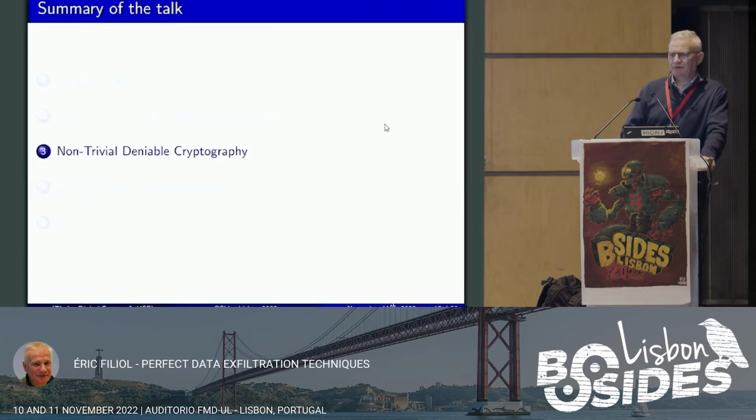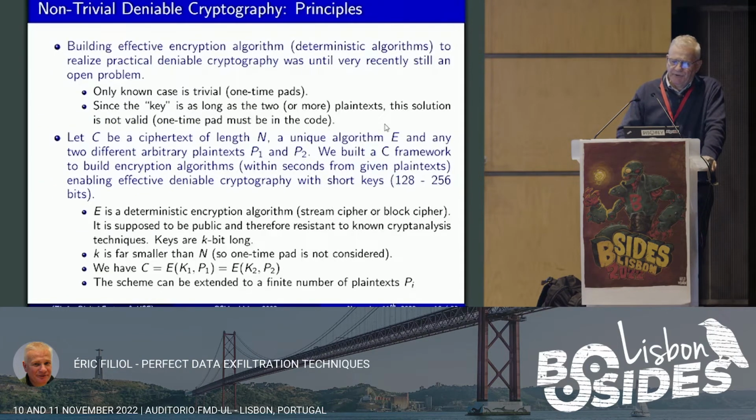So the first part is to use a malware, but malware can be detected, can be analyzed, and the reverse engineer can understand more or less quickly what the malware actually does. So the main tool is what we call non-trivial deniable cryptography. Deniable cryptography has been known for a long time, but only a trivial case called one-time pads was known until now.